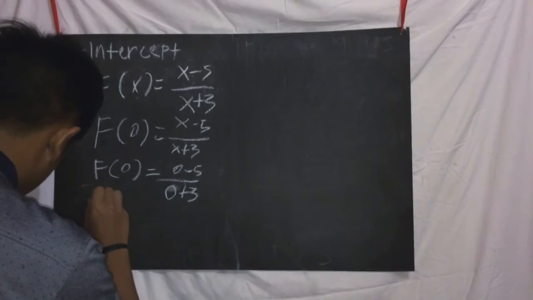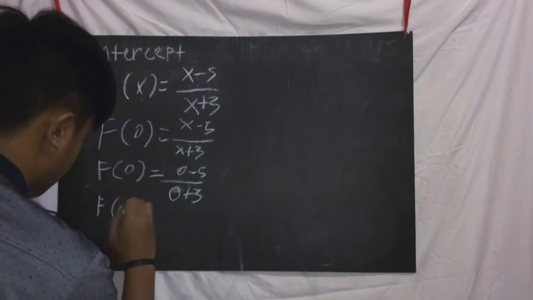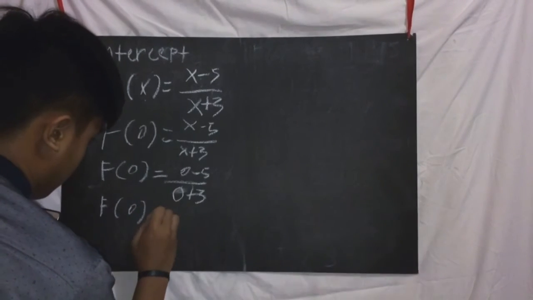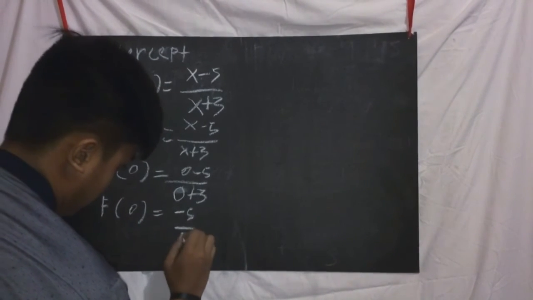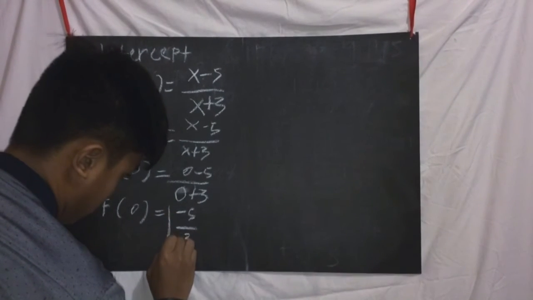So it becomes f of 0 equals negative 5 over positive 3.